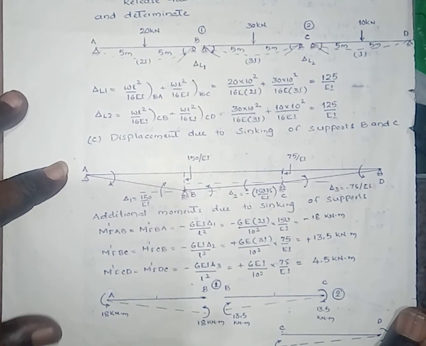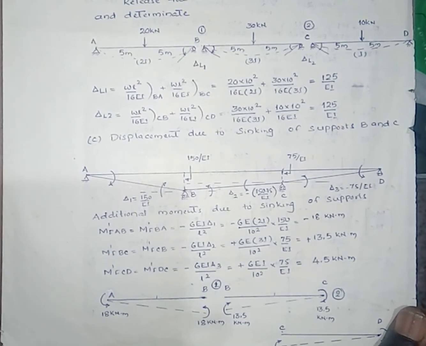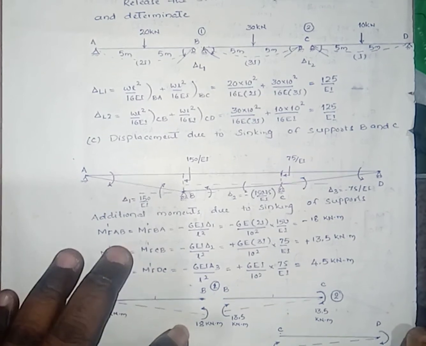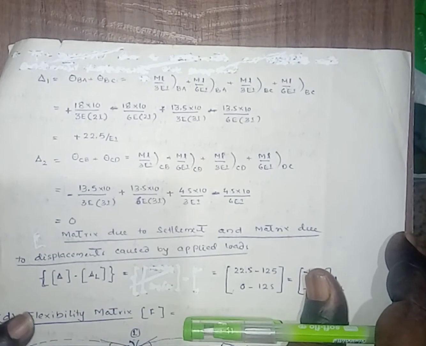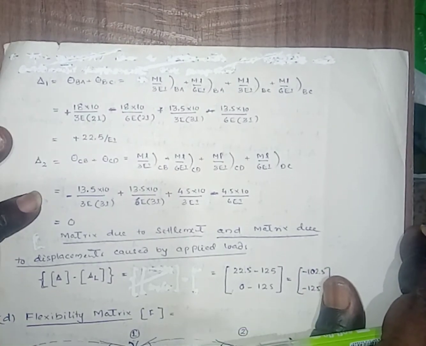Here, due to these additional fixed end moments, we have to calculate the displacement at coordinates 1 and 2. Now, we can calculate the displacement due to the additional fixed end moments, that is delta 1.